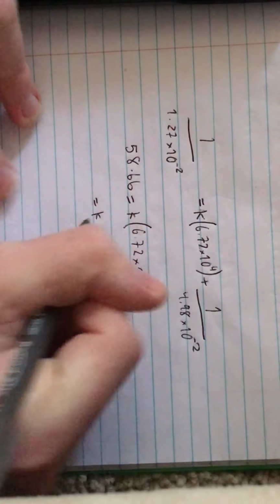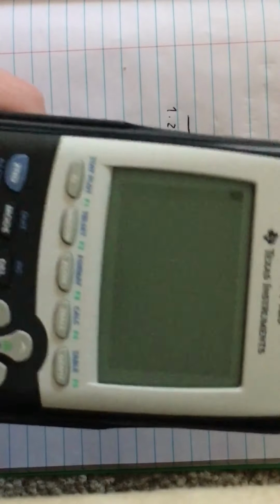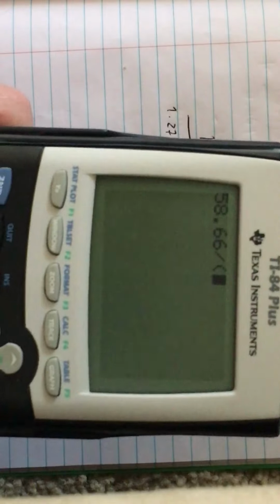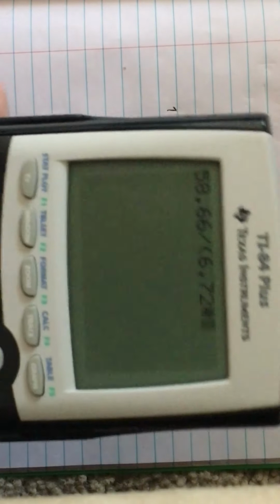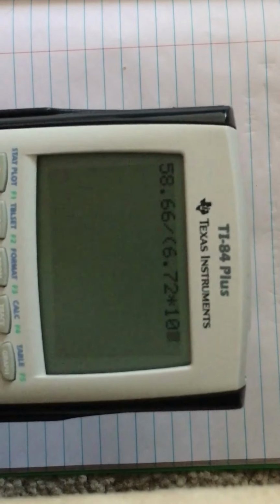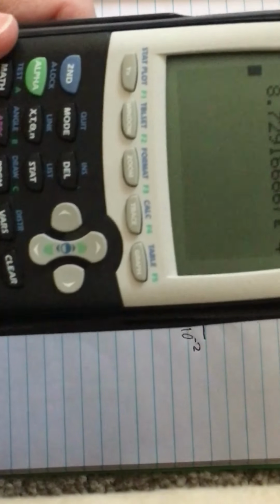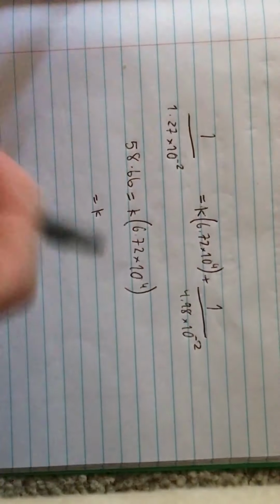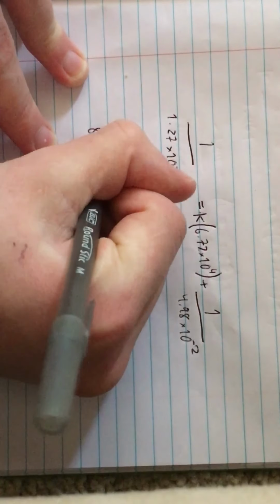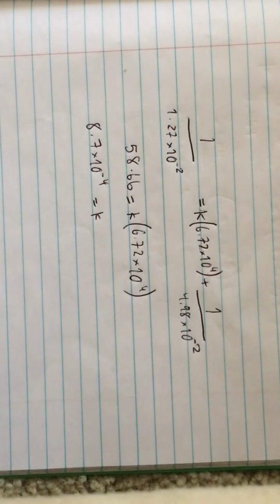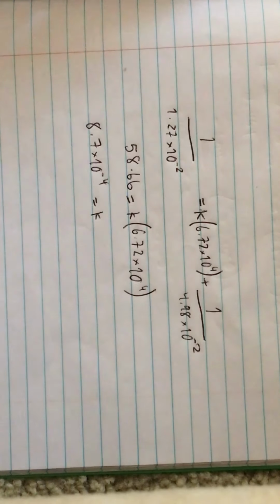You just plug it into your calculator, and we find k to be 8.7 times 10 to the negative 4th. And that's your answer. So that's the problem that we're going to do for second order.